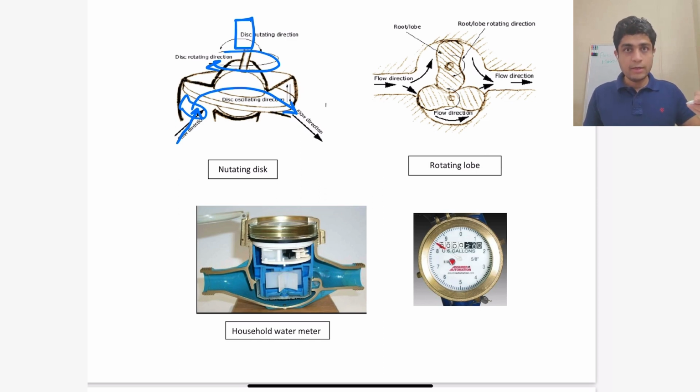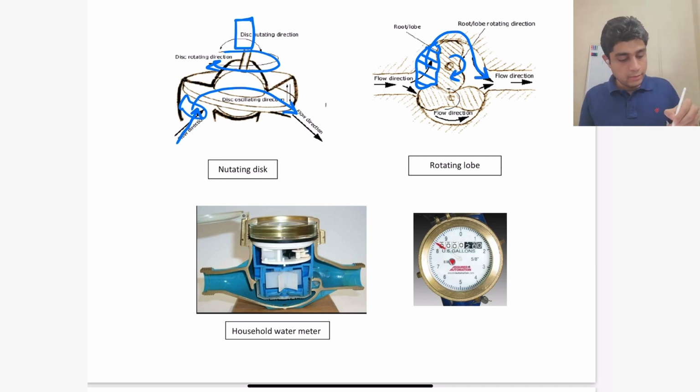Similarly, in a rotating lobe geometry, you trap the fluid which I have shaded here in blue, and as the lobe completes one rotation, this trapped fluid goes from the upstream to the downstream.